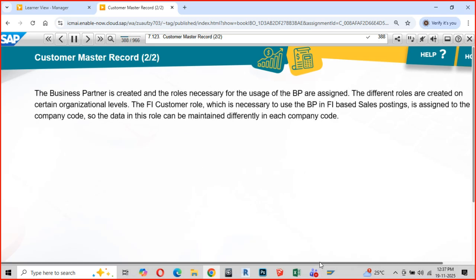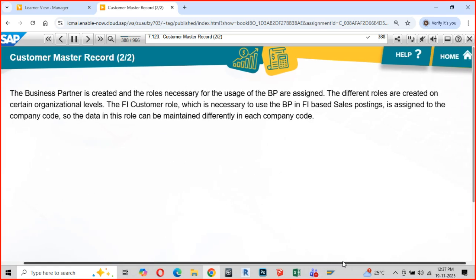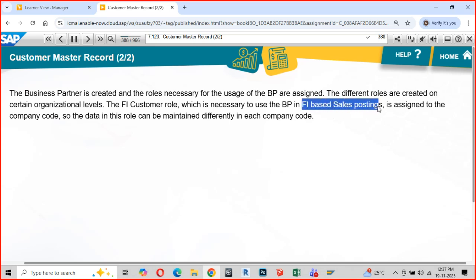Now, if you go through these slides, I think your understanding will be a lot better. See, FI-based sales postings. This is exactly what we saw, because we have still not gone into that integration concept.